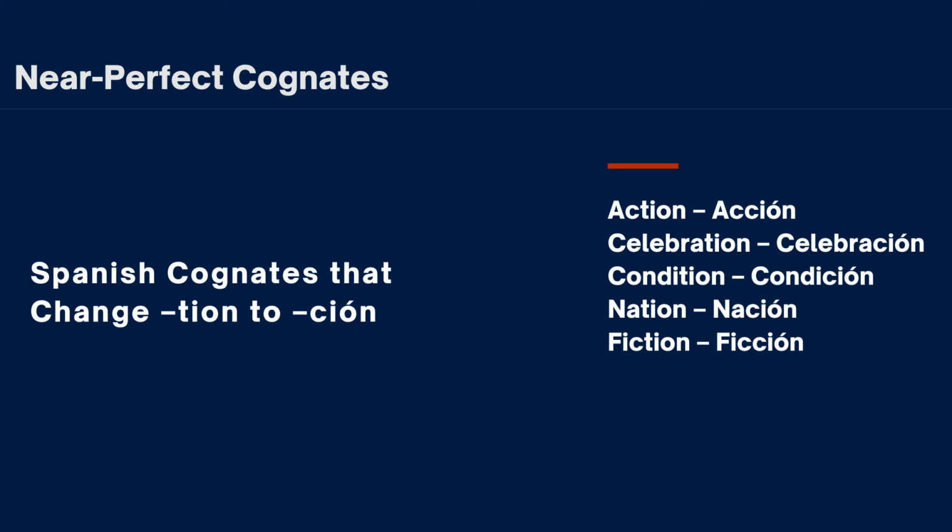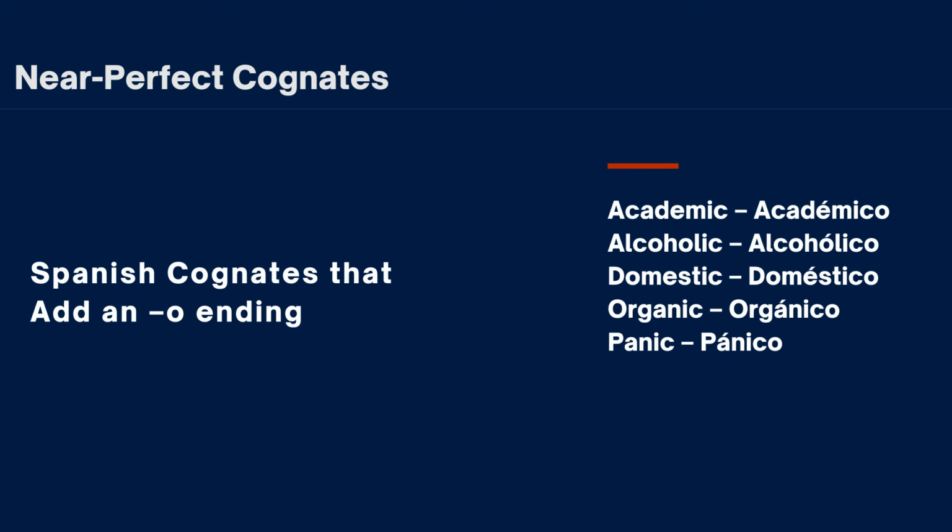We also have Spanish cognates that change -tion to -ción, such as action, acción; celebration, celebración; condition, condición; nation, nación; and fiction, ficción. And we also have Spanish cognates that add an O ending, such as academic, académico; alcoholic, alcohólico; domestic, doméstico; organic, orgánico; and panic, pánico.